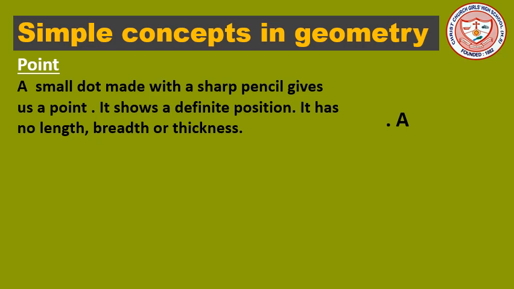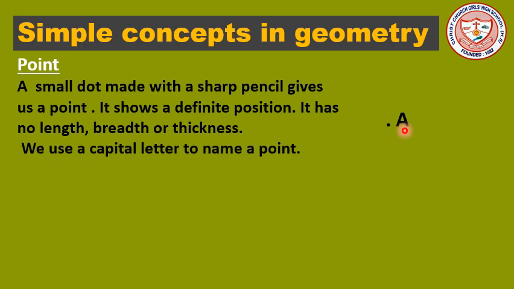It has no length, breadth, or thickness. So girls, what is a point? A small dot made with a sharp pencil gives us a point. So here this dot is a point. And from this picture we can see that it has a definite position, right? But it has no length, breadth, or thickness.